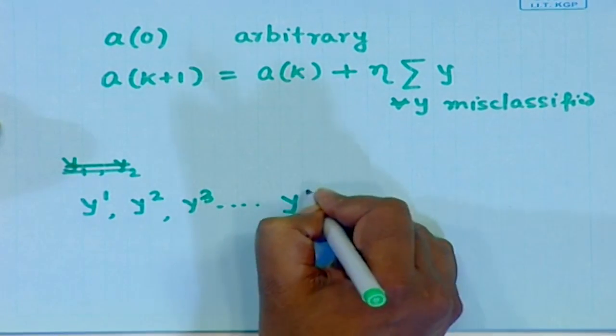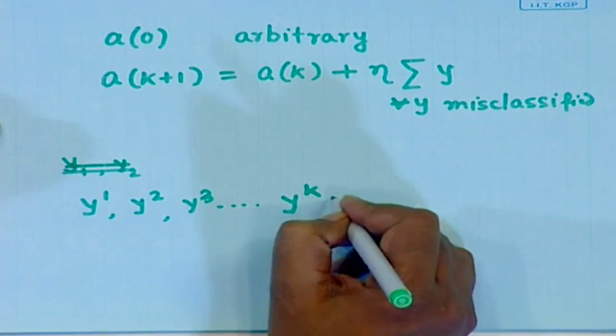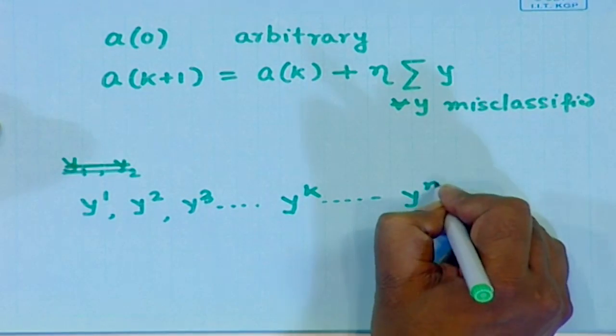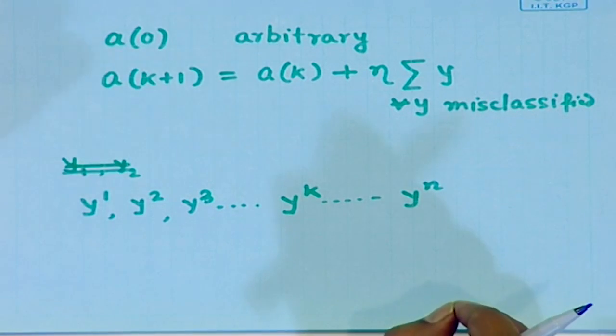At the kth instant, I will consider sample Yk, that is the kth sample vector, and we have n number of samples, Yn.